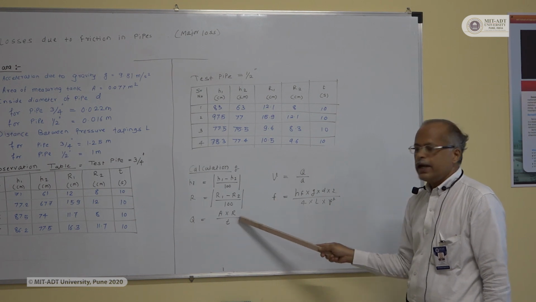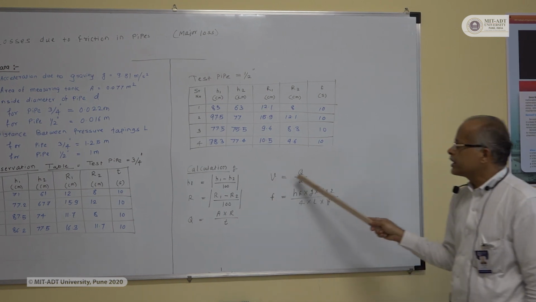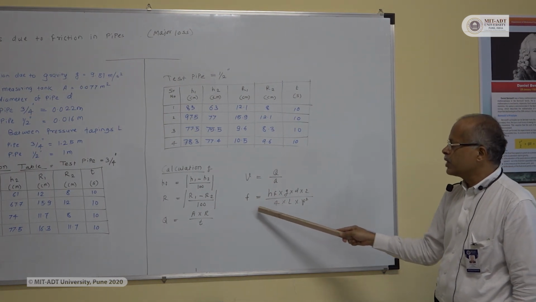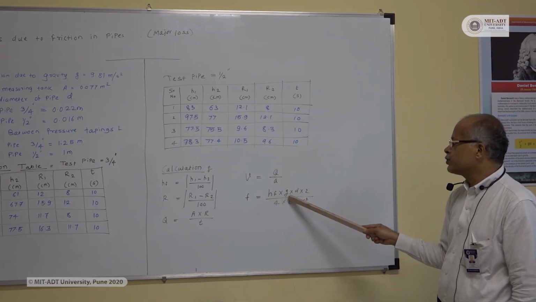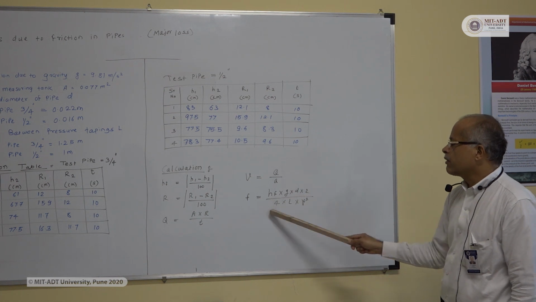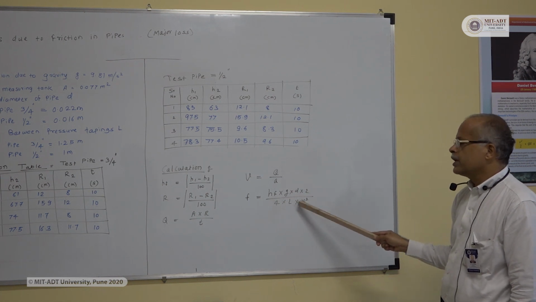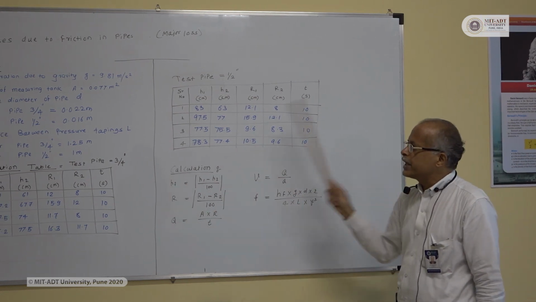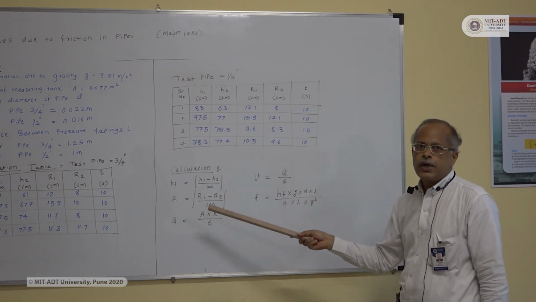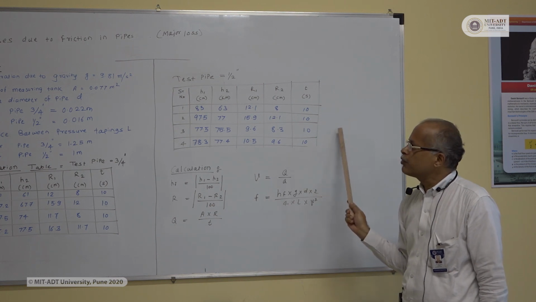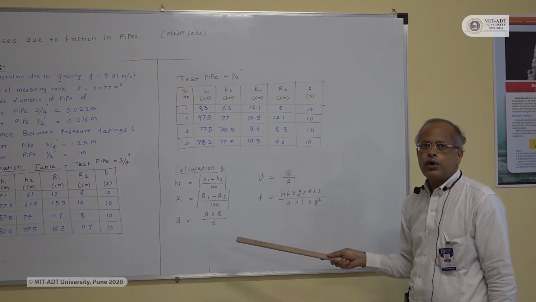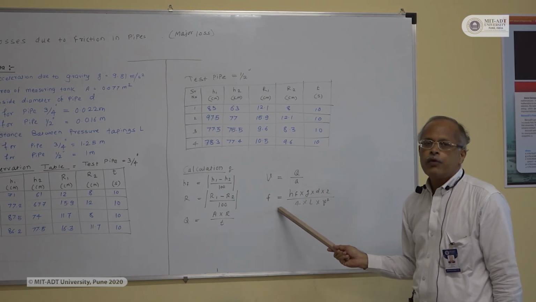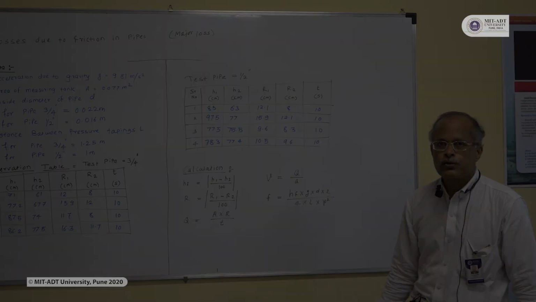Q is A into R by T, velocity is Q by A, and the friction factor for the circular pipe is F equals HF into g into D into 2 divided by 4 into L into V square. Calculate F for all these readings for the half-inch pipe as well as the 3/4 inch pipe, for all sets of observations. This gives the value of the friction factor. Thank you.